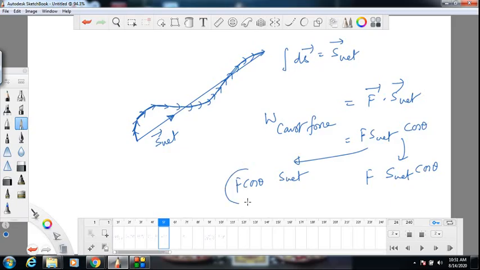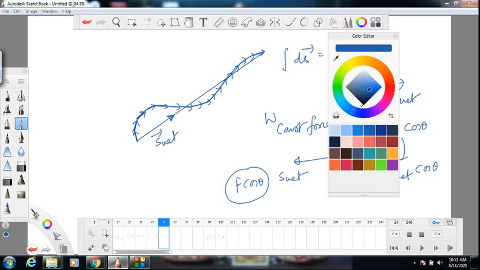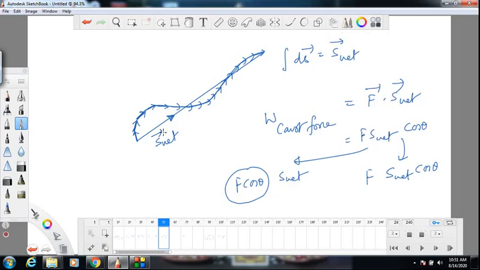F cos theta is the component of force along displacement. See, suppose my force, if I show with a red line, is like that, let us say. Suppose this is my force. It's a constant force. It has always been acting in that direction and same magnitude. Along with this force, there may be other forces which I am not concerned with. I am only trying to find work done by this force.